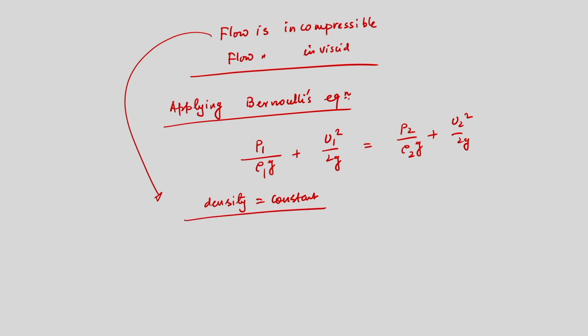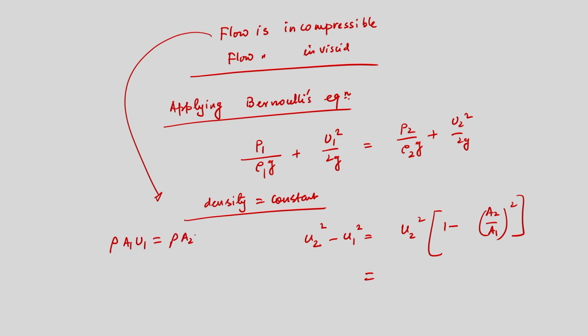And if density is constant, then we can write U2 square minus U1 square, that will be equal to U2 square into 1 minus (A2 by A1) square. For constant density flow, from the mass conservation equation I can write rho A1 U1 is equal to rho A2 U2.